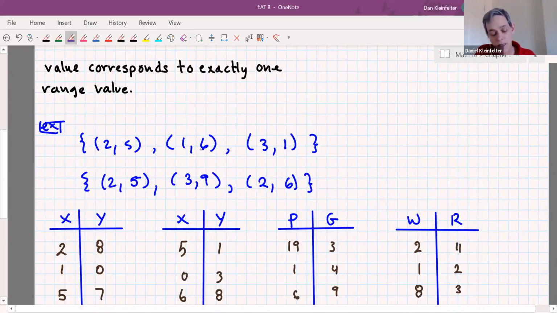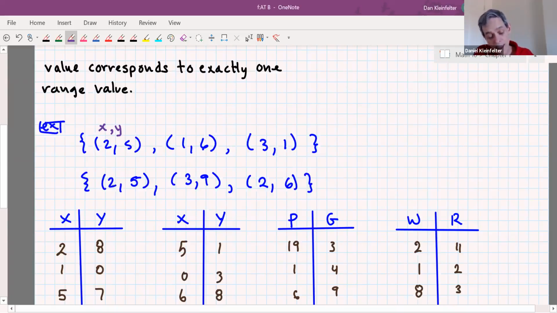The input of 1 corresponds to an output of 6, and an input of 3 corresponds to an output of 1. The input, domain, or often called the x value, is always on the left, and the output, y, or range value is always on the right. So we could say when x is 2, y is 5. When x is 1, y is 6. When x is 3, y is 1.